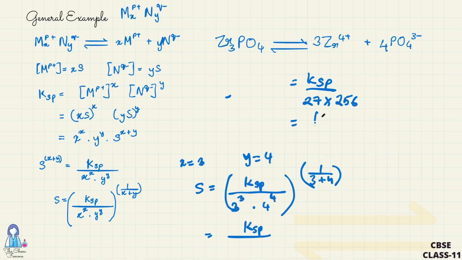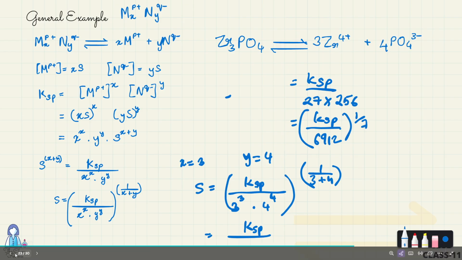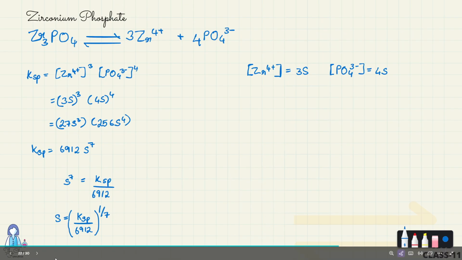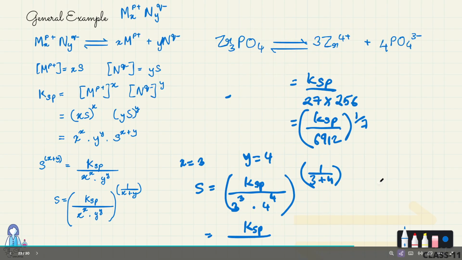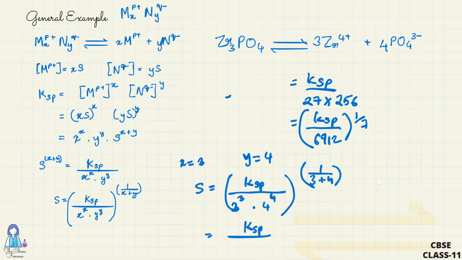So KSP divided by 6912 to the power of 1 by 7, which is the same number we got over here as well. So this is another way for us to calculate the solubility of that particular salt without having to go through all the steps.